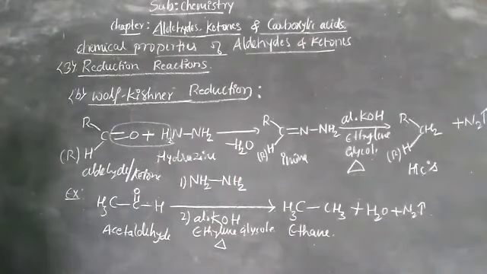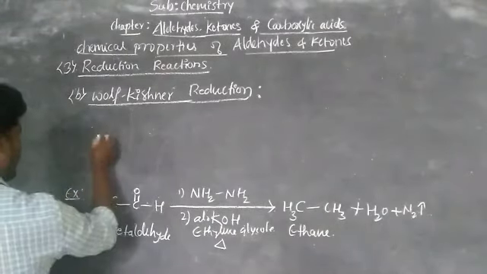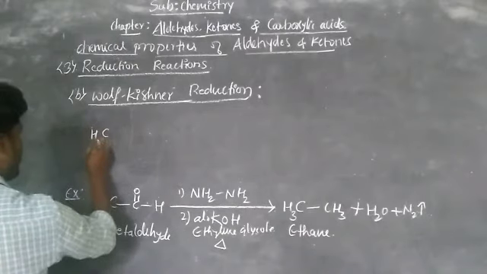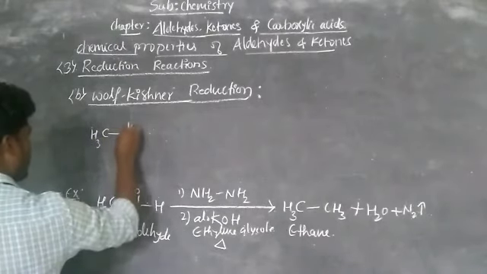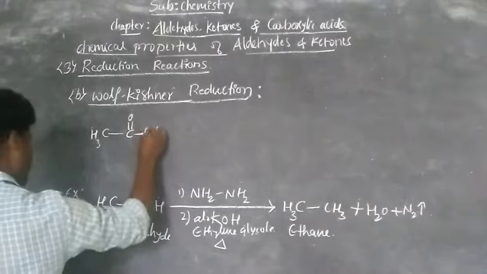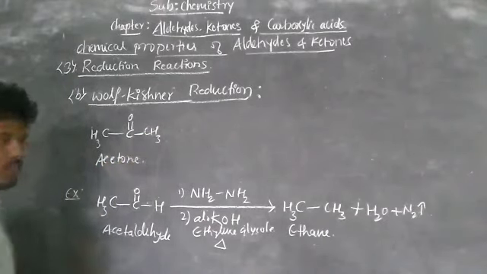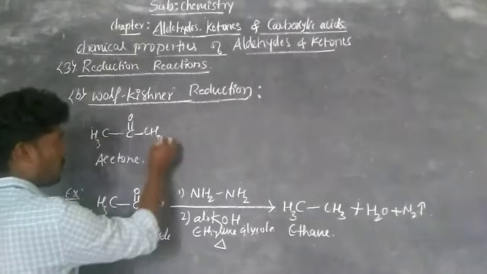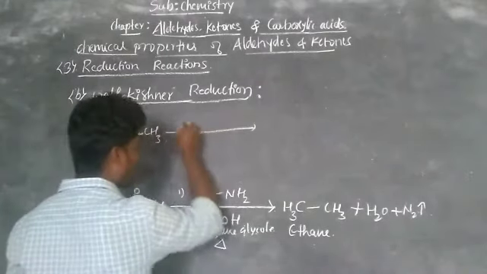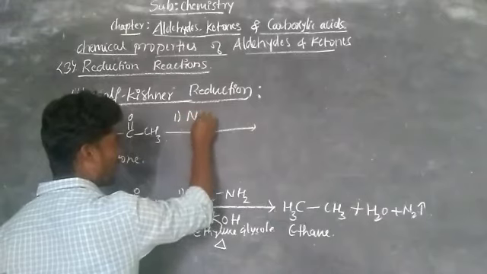Okay. So similarly, now take for ketones. For ketones, take an example: CH3-C double bond O-CH3. What is the name? Acetone. Okay. Now this acetone is treated, in the first step we are treating with what?